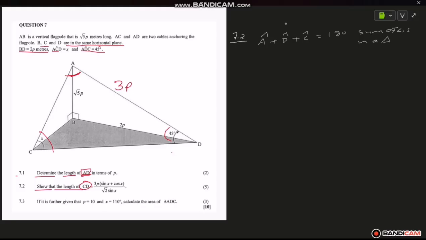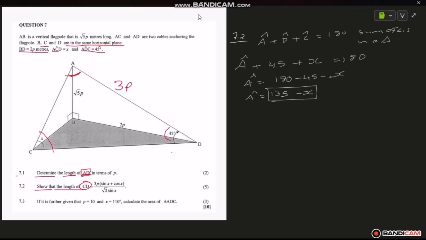Therefore, we don't have angle A. Let's determine angle A plus D is 45 and C is X equals 180. Therefore, let's transpose everything and make A the subject of the formula. So it's going to be 180 minus 45 minus X. Therefore, A equal to 135 minus X.